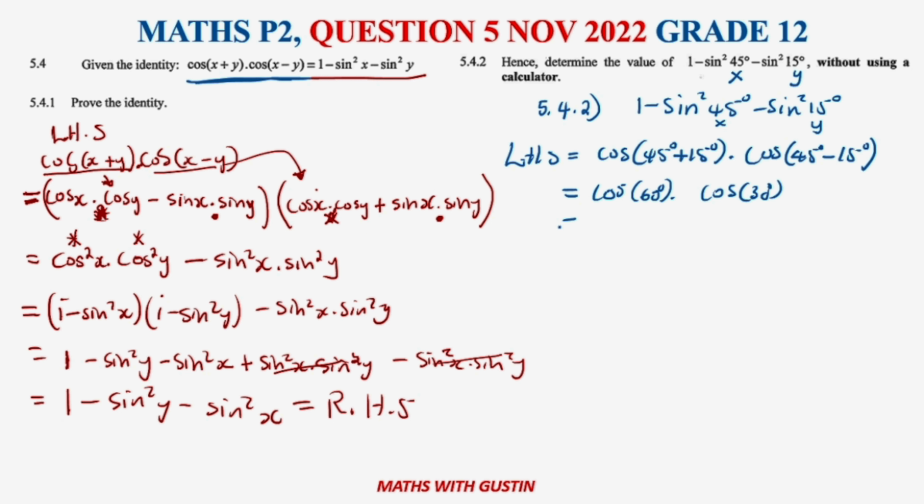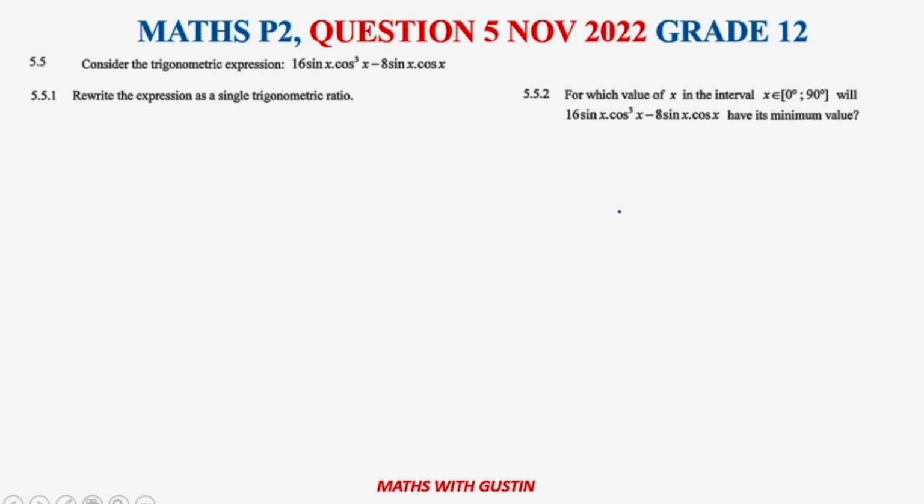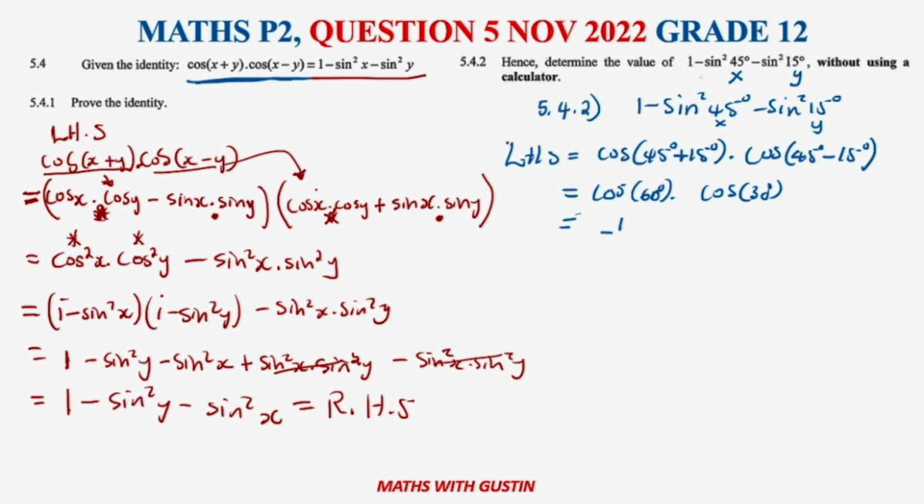All right, now we've got special angles. We know what to do with these ones. Put it in your calculator, or you can just use that diagram where you know that cos 60 is equal to 1 over 2, and then multiply by cos 30, which is square root of 3 over 2, which when we simplify is going to give us square root of 3 over 4.